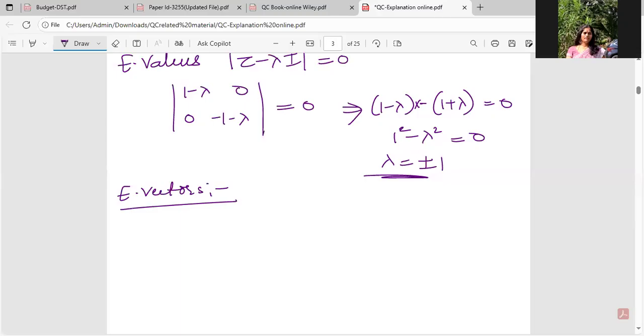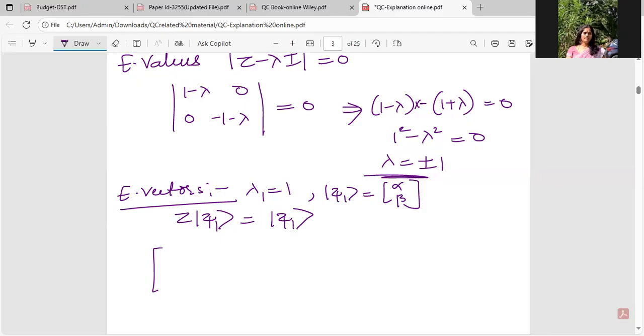Again, the same notation where Z into ket xi1 is equal to lambda1 ket xi1, for which I will consider lambda 1 equal to 1 or minus 1. Anything is fine. Of course, I know ket xi1 is alpha, beta. So I have 1, 0, 0, minus 1 into alpha, beta, equal to alpha, beta.